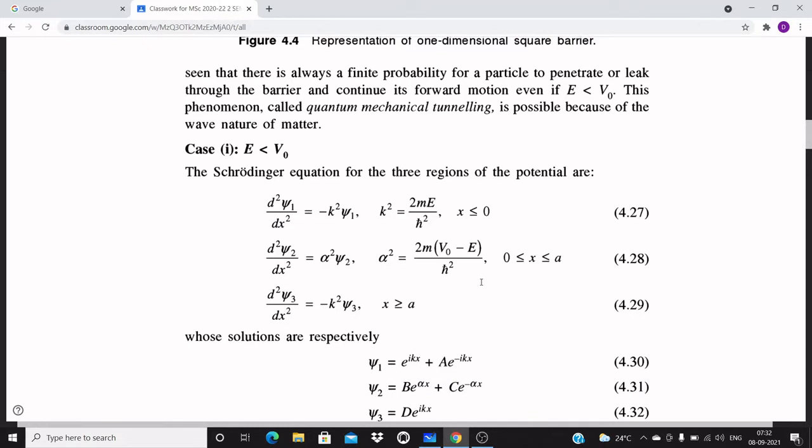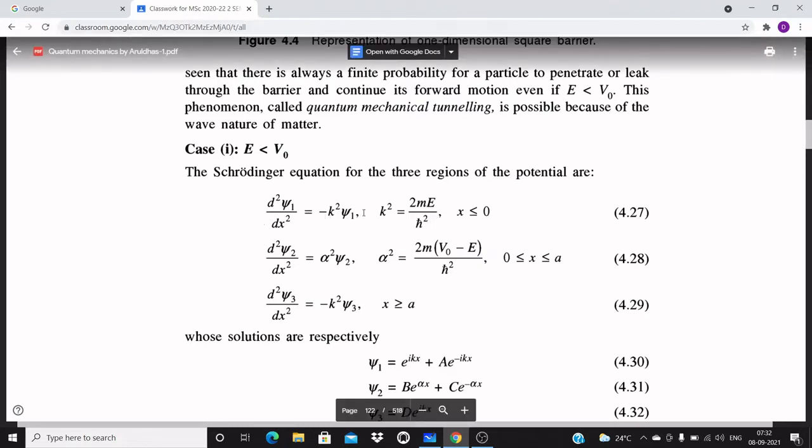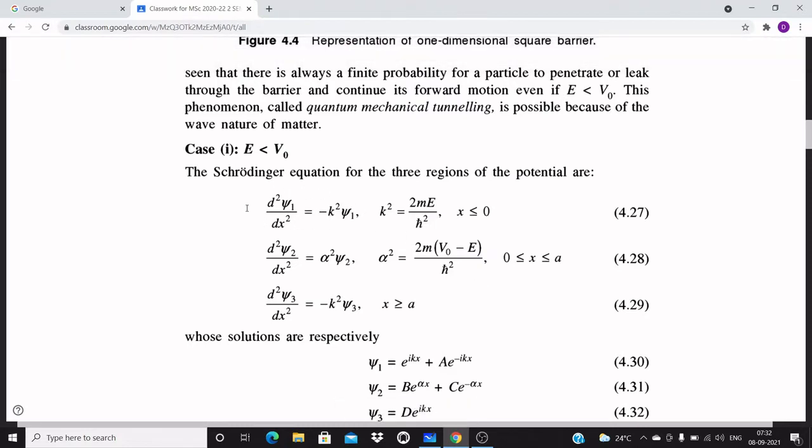This is just like the Schrodinger equation in the case of the V equal to 0 region, equations 4.27 and 4.29, because you know that the potential is 0 and we will have only the coefficient k square here.